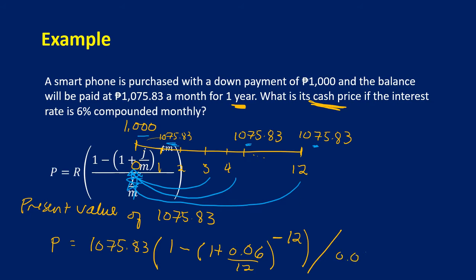So 0.06 over 12. Wow, that is big. Okay, so let us now use our calculator.